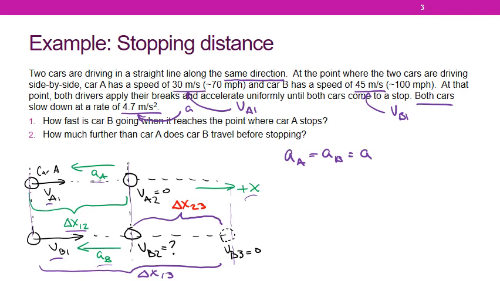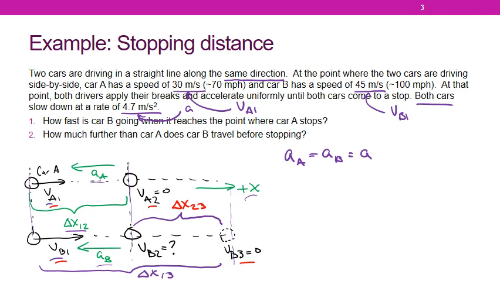Now, as I begin to think about how I'm going to translate the kinematic equations into equations that refer to my problem, I see I know an initial velocity and a final velocity for both cars, even though those velocities do not occur at the same point.